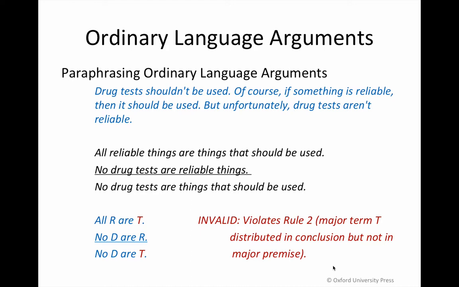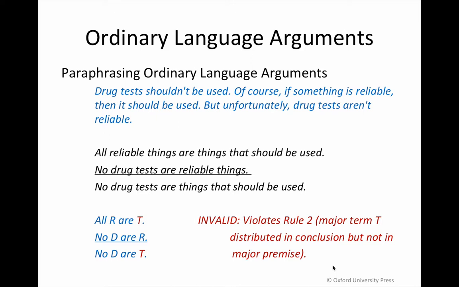So if we have as the conclusion, drug tests shouldn't be used, when we organize that and restate it in standard form for the categorical proposition, we get no drug tests are things that should be used. Remember, we have the class of drug tests and the class of things that should be used. Once we know what our conclusion is, we can see that drug tests is the minor term and things that should be used is the major term.